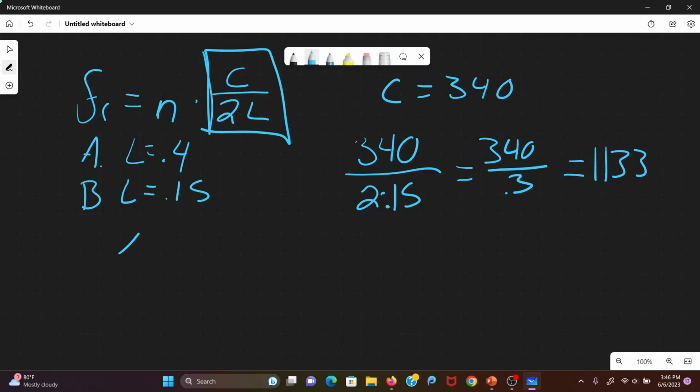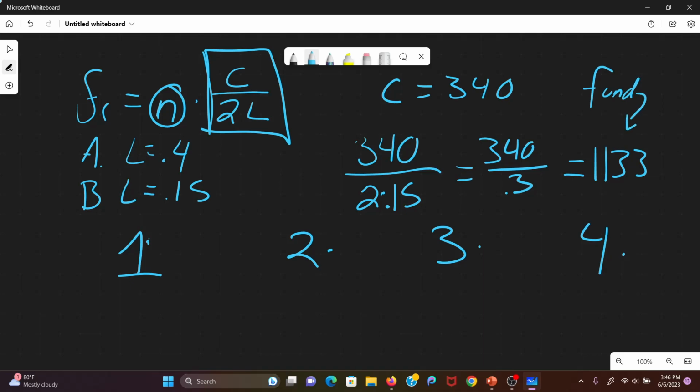So you're going to find now your harmonics. So 1, 2, 3, and 4. And you're just going to multiply your harmonic number, 1, 2, 3, and 4, which is this n right here, by the fundamental frequency, which we just calculated right here. So 1 times 1,133 is 1,133. Cool. Easy.